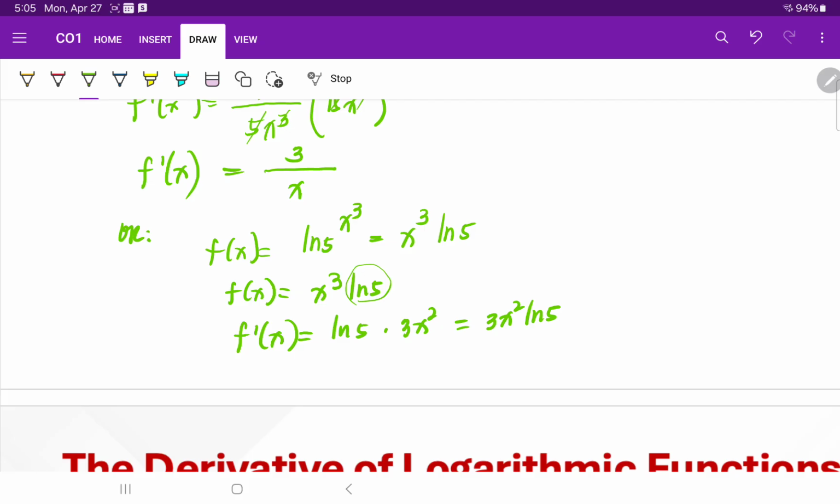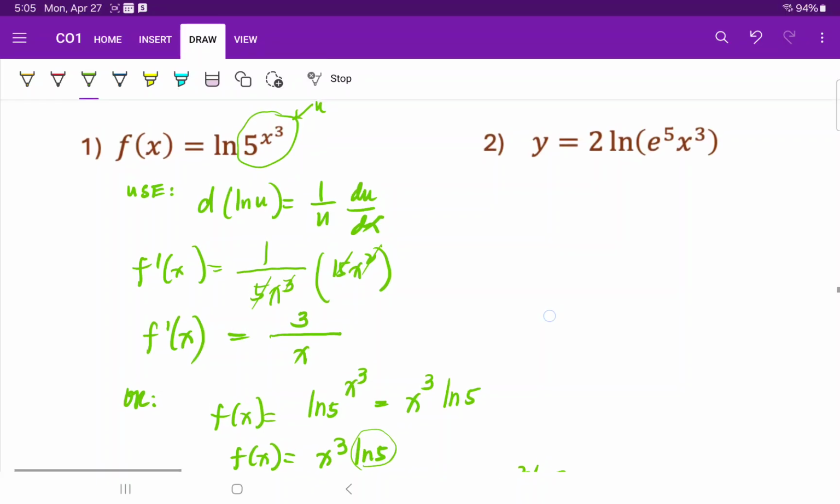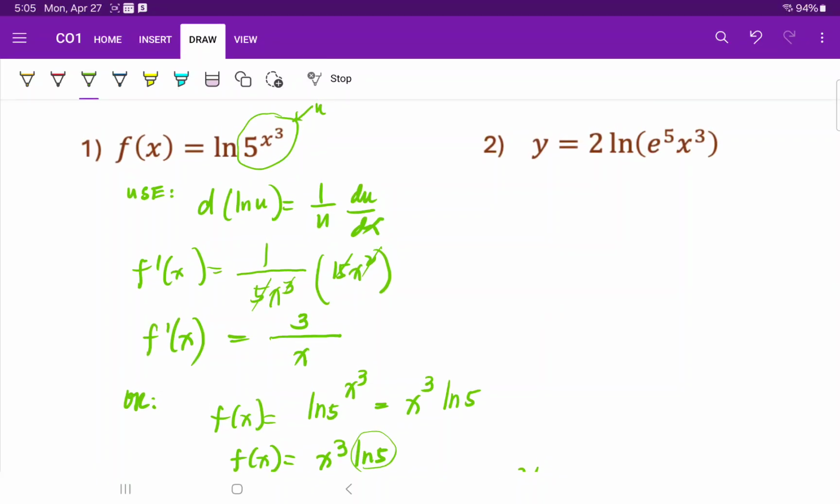Hold on. You should get the same answer. Ln of 5 to the x cubed. It should be 1 over u. This should be 3 over x. Hold on.